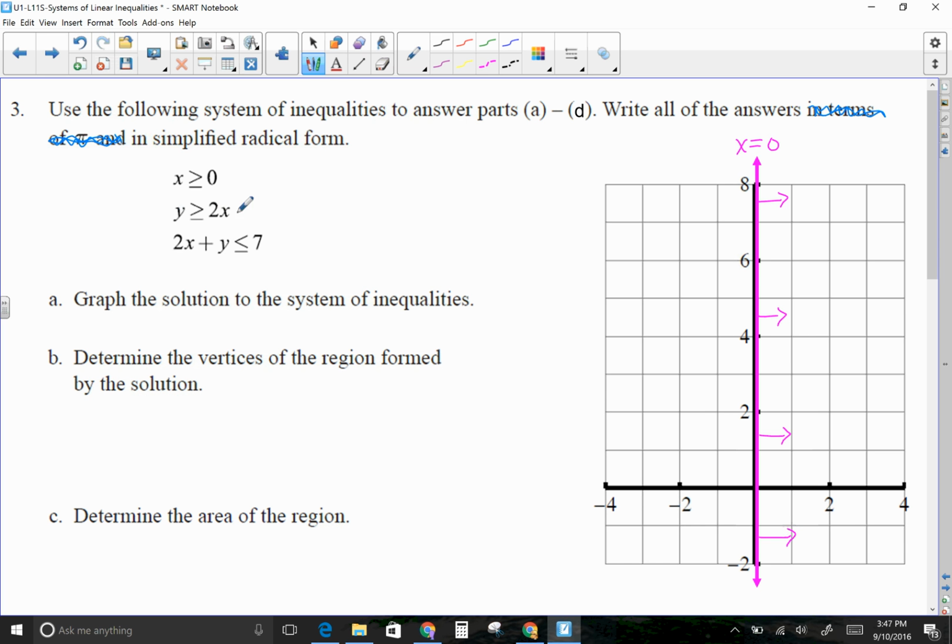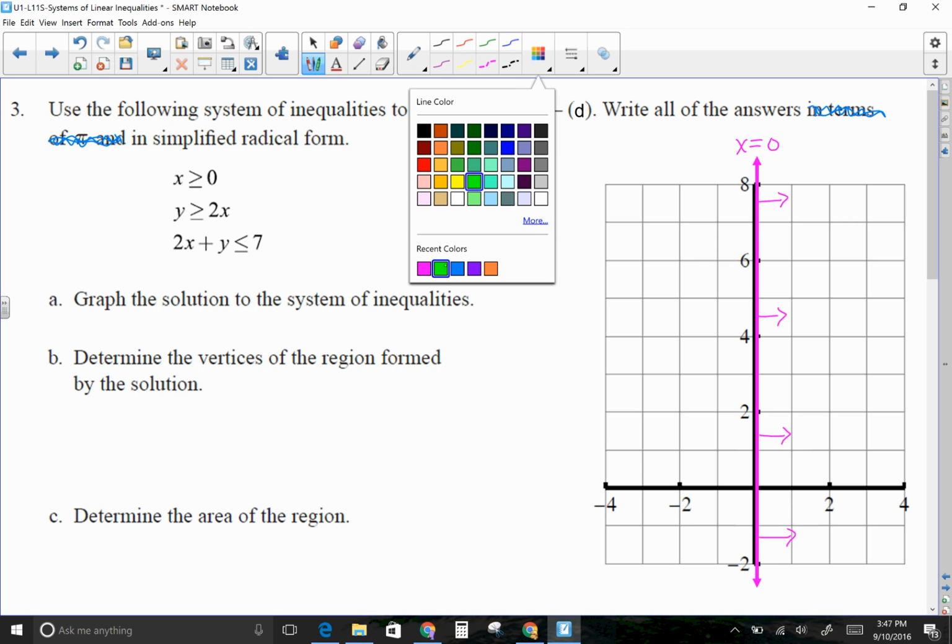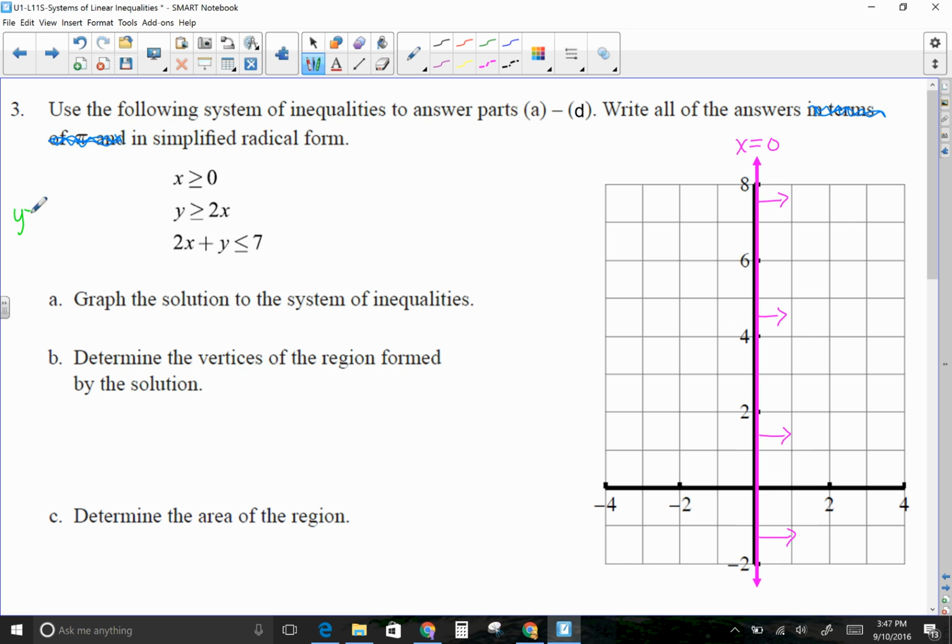Now let's look at y is greater than or equal to 2x. Okay, so that is of the form y equals mx plus b. And we know that that means b is 0, 0, and the slope is 2, which is the same thing as 2 over 1.